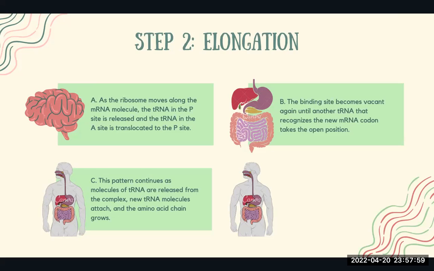This makes the polypeptide chain 1 amino acid longer than before. Last, the mRNA moves forward by 1 codon, and the polypeptide-bearing tRNA is now at the ribosome P site. The uncharged tRNA exits. The new codon is at the A site and can receive the next complementary tRNA carrying the next amino acid of the polypeptide.